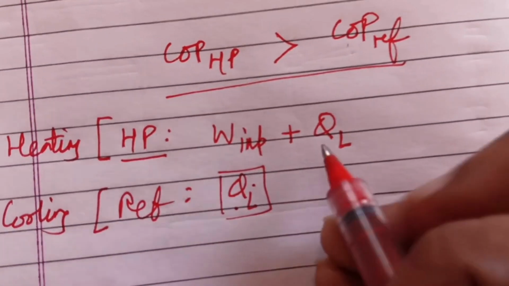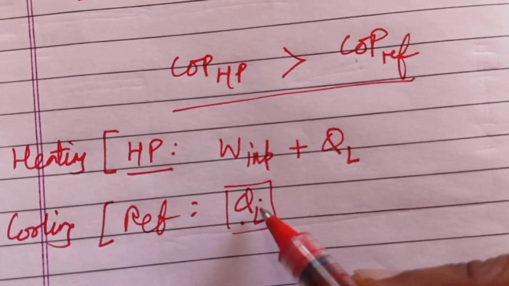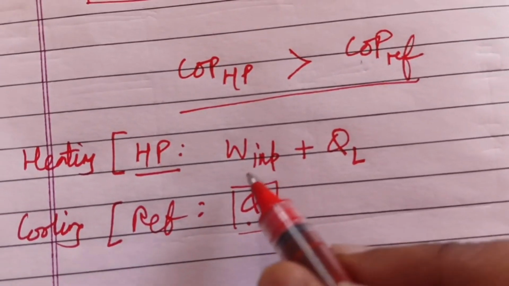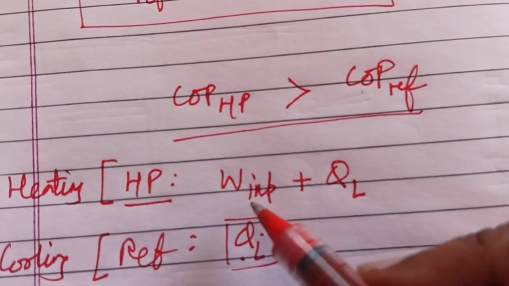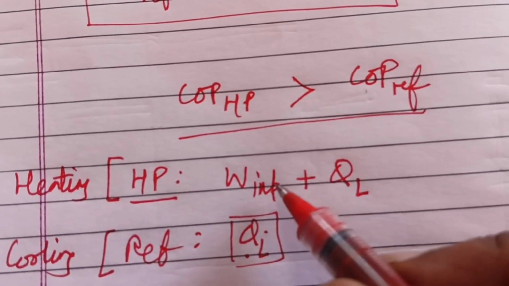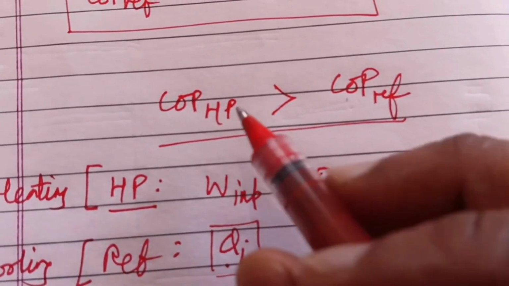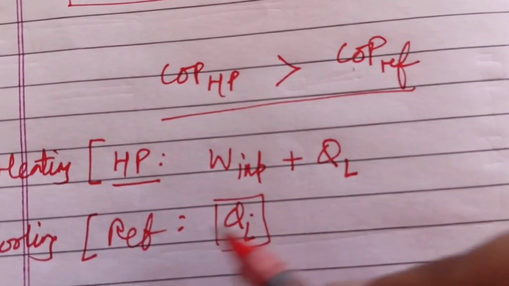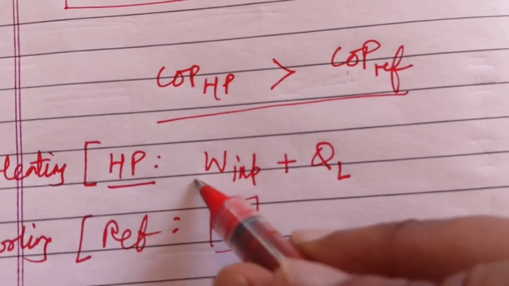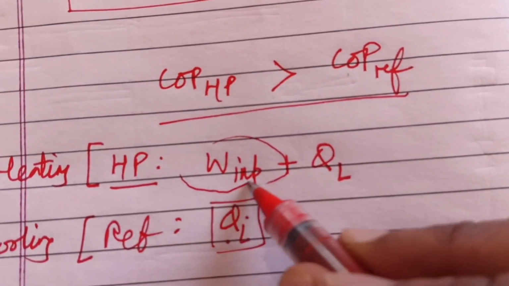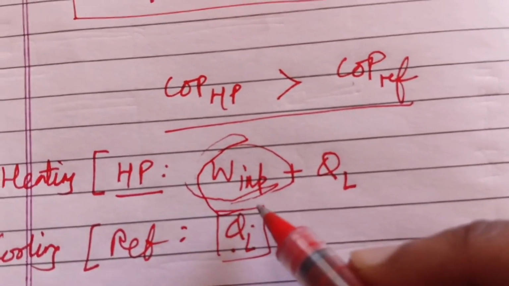So you can conclude this is the one quantity that is common in the two. The only quantity that is creating the difference is work input. That is why coefficient of performance of heat pump is greater than refrigerator, because this is the one that is bringing the difference, right?